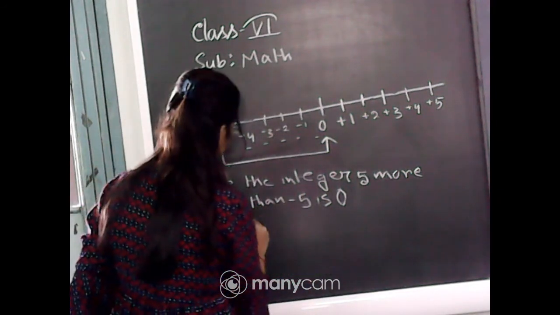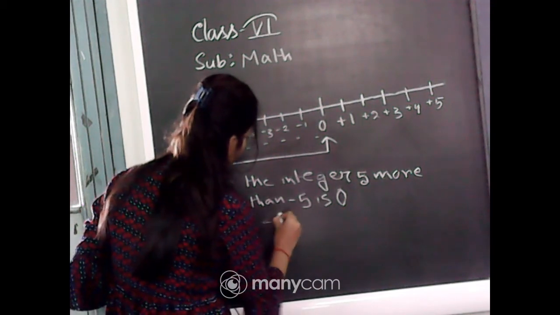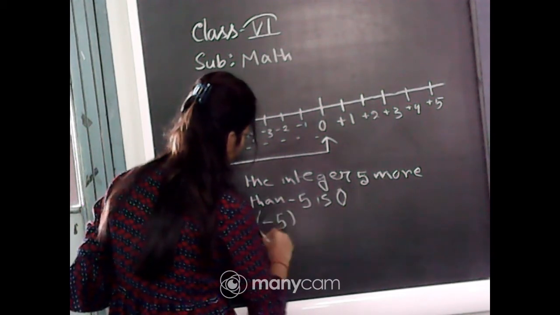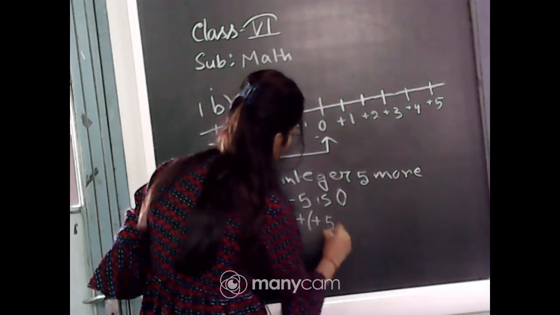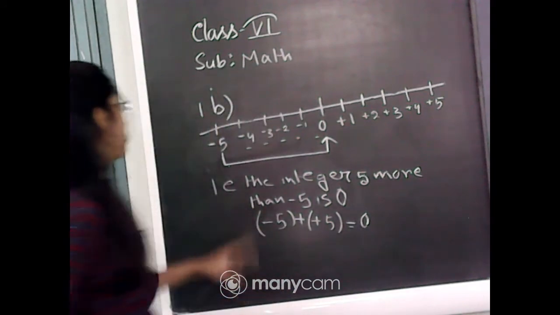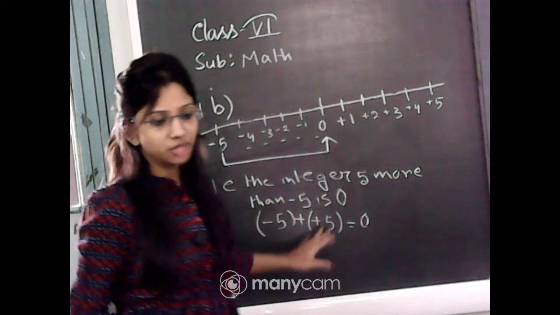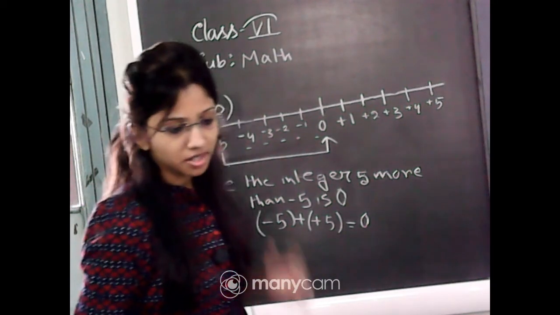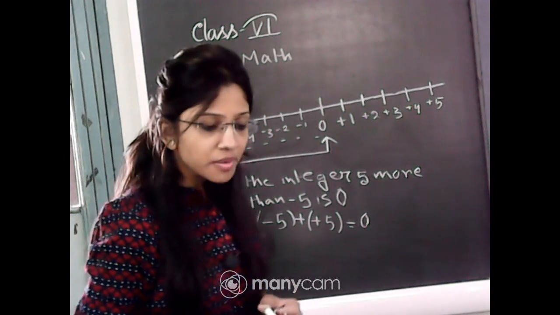Since minus 5 plus 5 is equal to 0, we can say that minus 5 and plus 5 are additive inverse of each other. Okay, students? Is it clear to everyone?